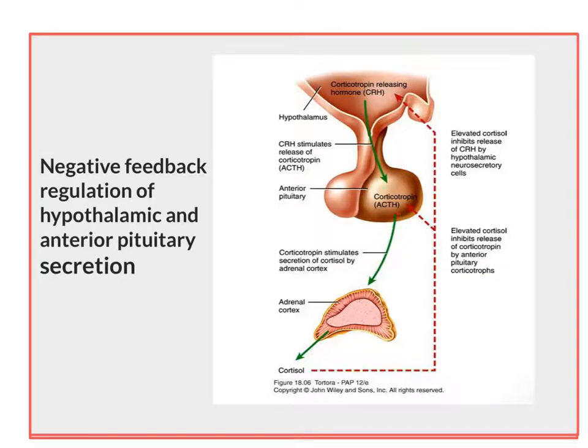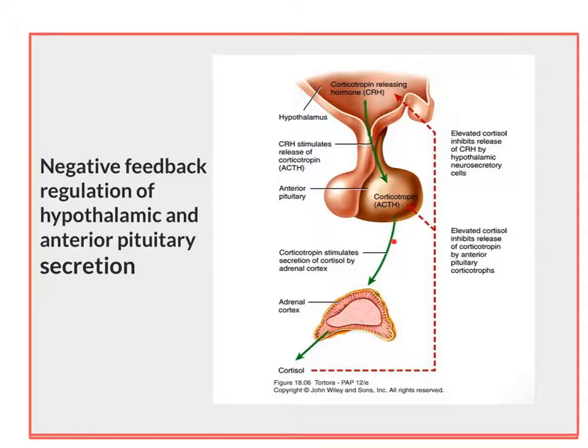Let's take a look at how the hypothalamus affects the release of hormones from the anterior pituitary. For instance, if corticotropin releasing hormone is being released from the hypothalamus, then that is going to cause the release of corticotropin, or adrenocorticotropic hormone, which we just talked about, from the anterior pituitary.